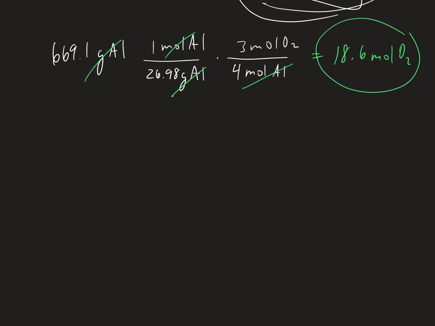Do you want to see if you could do this last one on your own? I bet you could. Use the mole roadmap. Use the steps. I bet you could do this. Try it. So we have K2SO4 plus BaCl2 gives us KCl plus BaSO4.